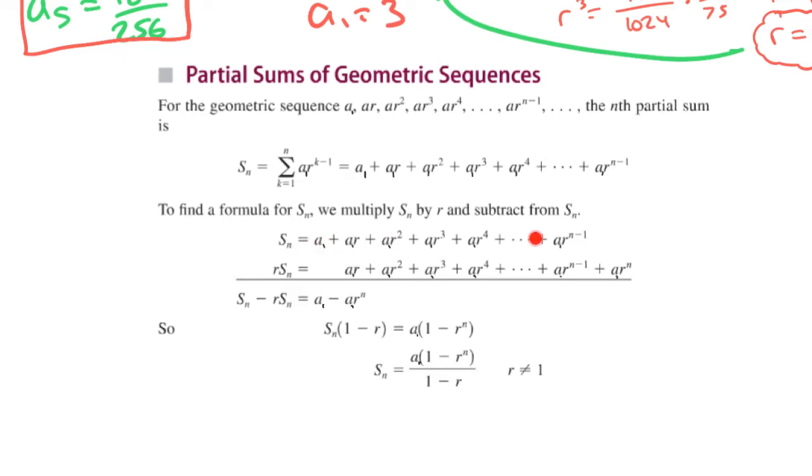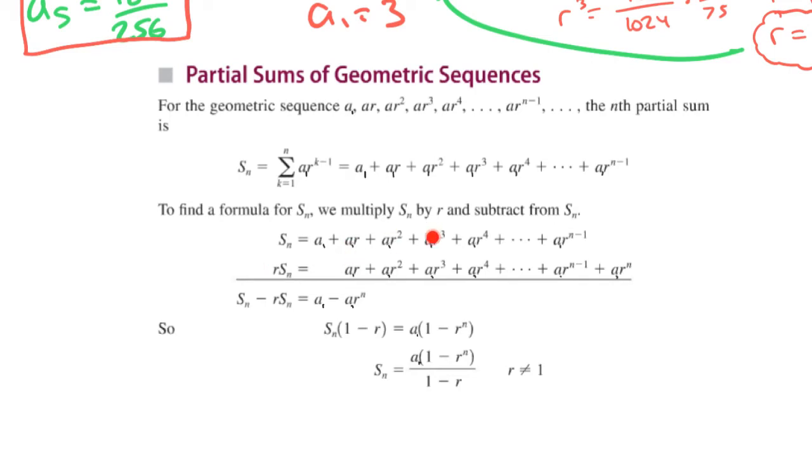So the way we do this is we take that partial sum and we actually multiply it by r. So I'm going to take a1 times r, which would get me a1r. I'm going to take a1r times r and get a1r squared. And everything just kind of bumps over. So we have this equation for s sub n, and we have the new equation for r times s sub n.